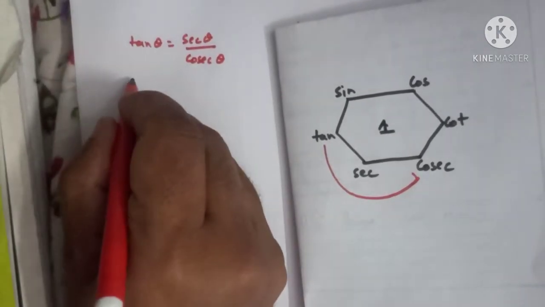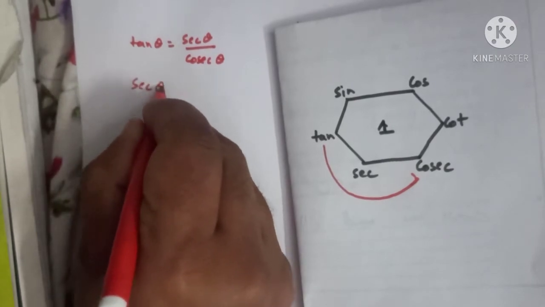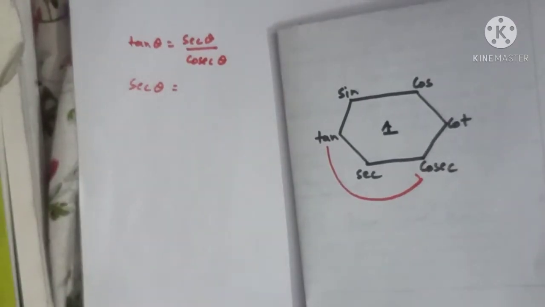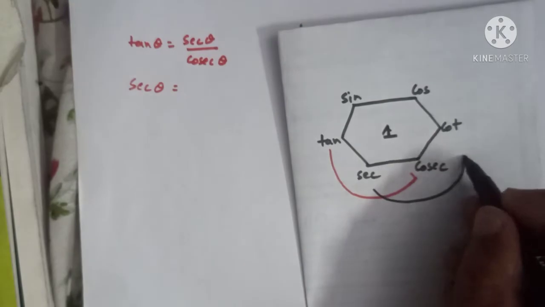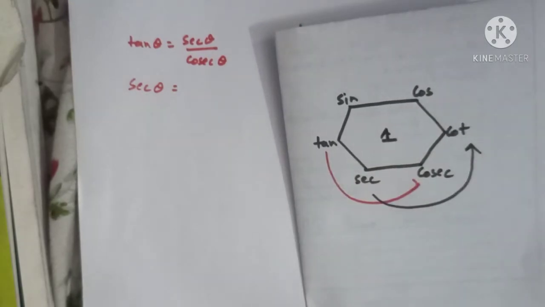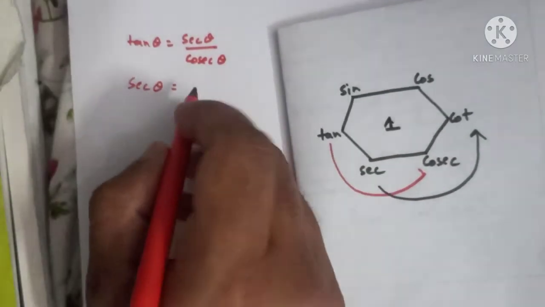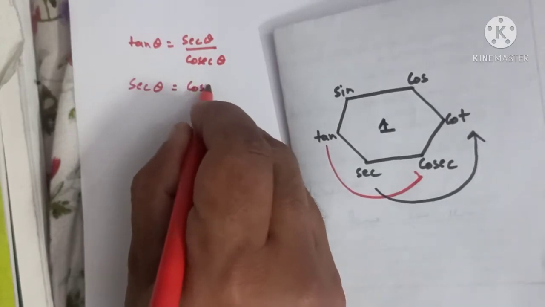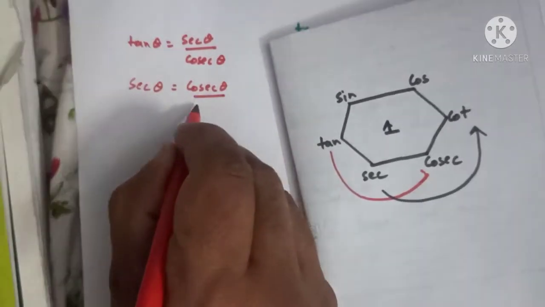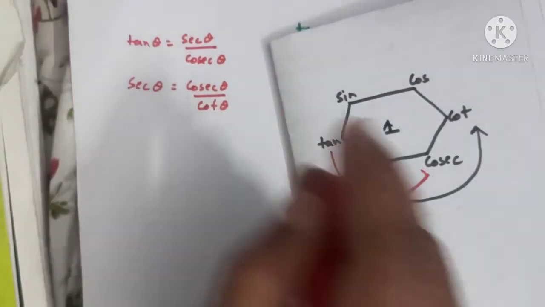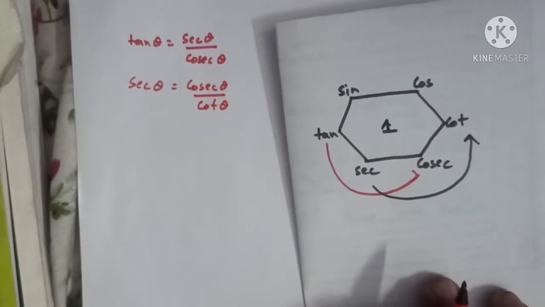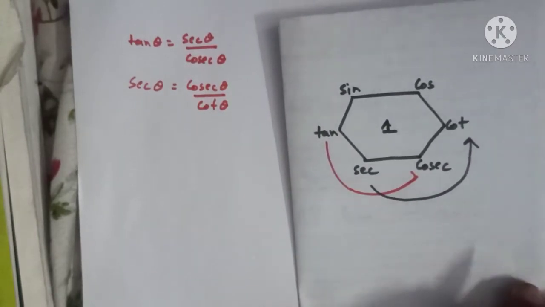Now sec theta will be equal to cosec theta upon cot theta. So both are true, whether you are going anti-clockwise or clockwise.